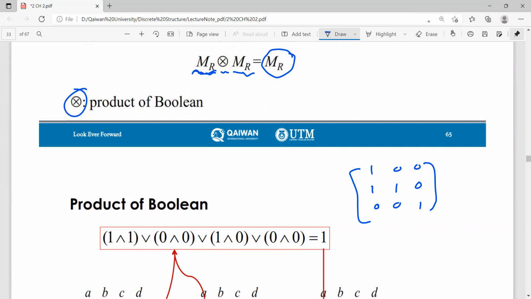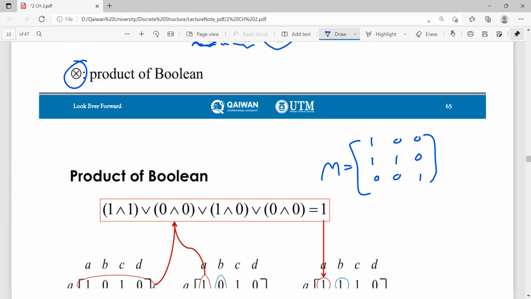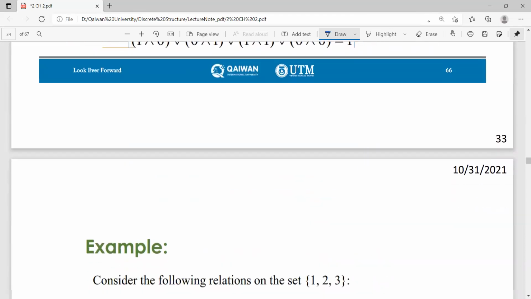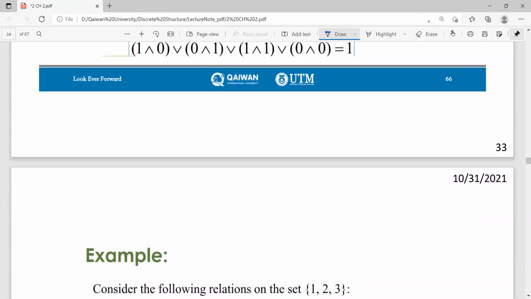This matrix represents a relation on the set X. Let's say it's M. What's the Boolean product of this matrix with itself? I'm going to write it down here.